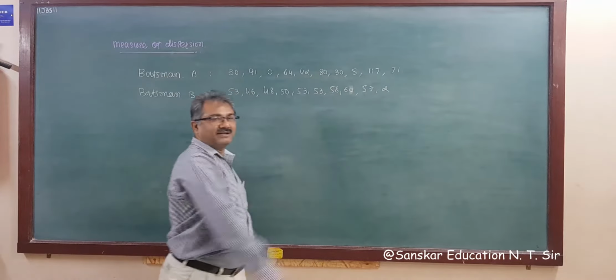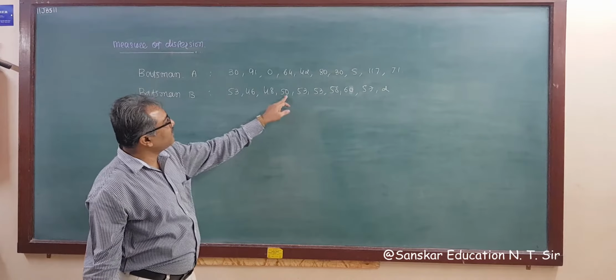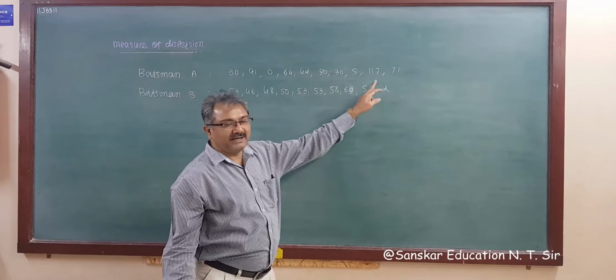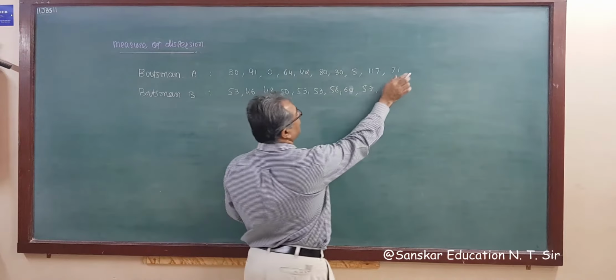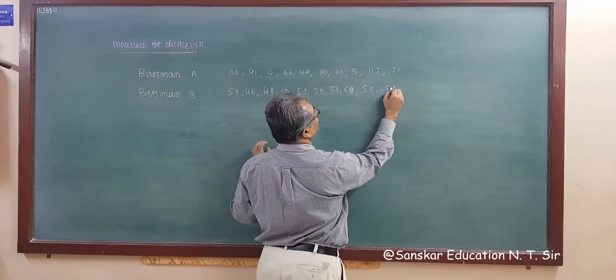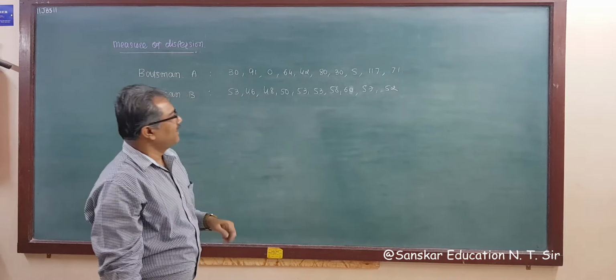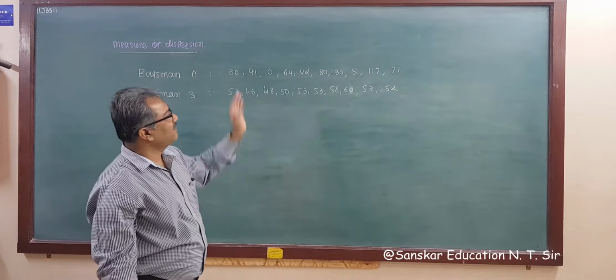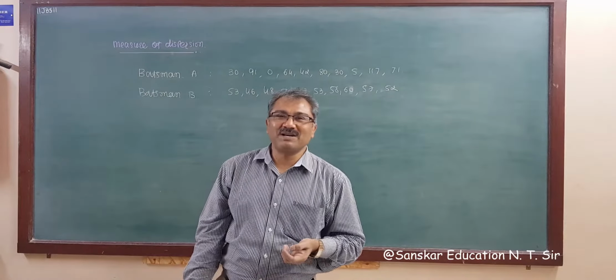Suppose this is 60. So 1, 2, 3, 4, 5, 6, 7, 8, 9, and 10. Suppose this is not 2 but 52. So these are the runs scored by the two batsmen.